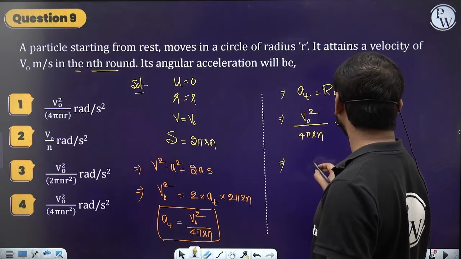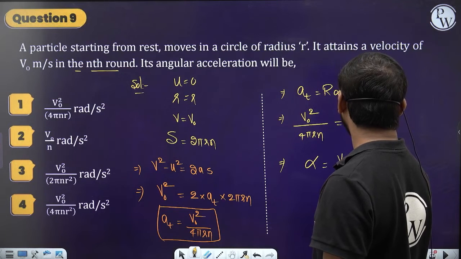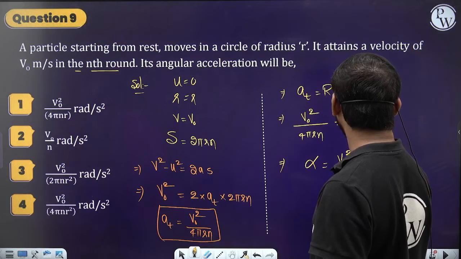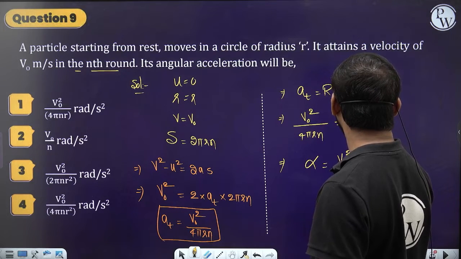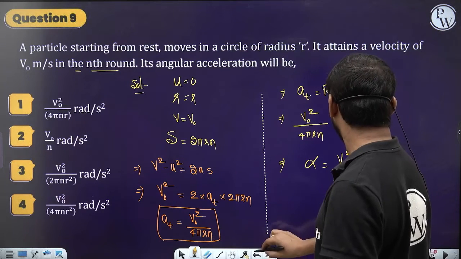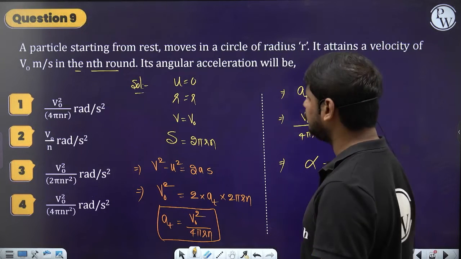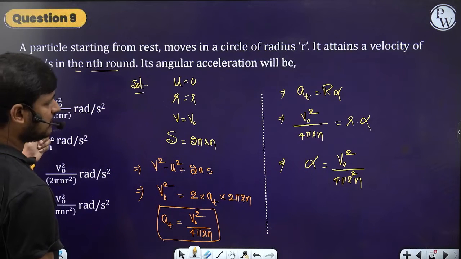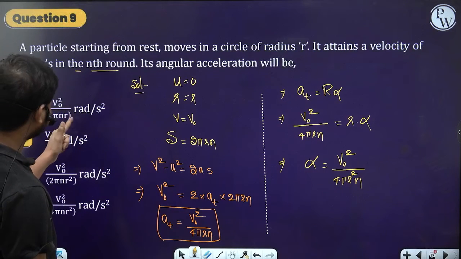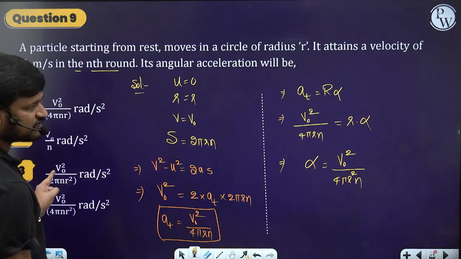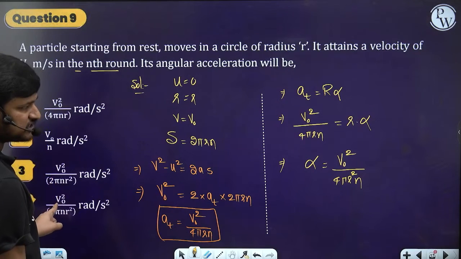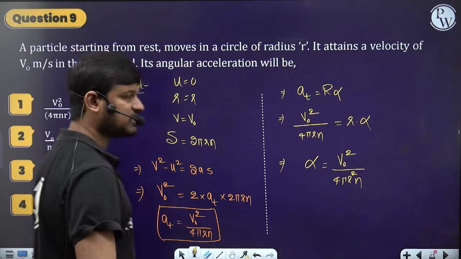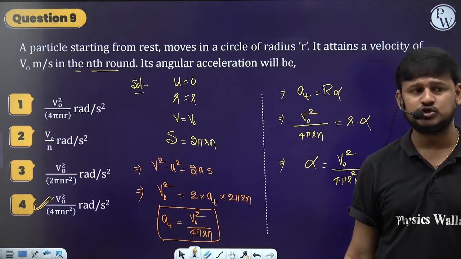So alpha is equal to v naught square by 4 pi rn into r, so v naught square by 4 pi n r square. Yes, option 4 is the correct one. Clear guys, understood? Chal.